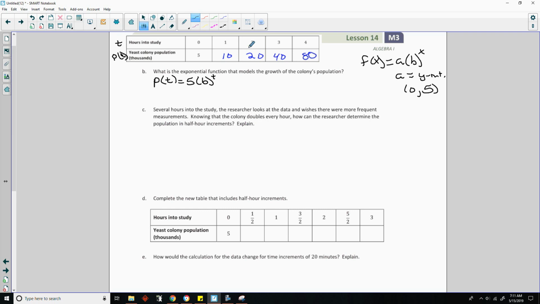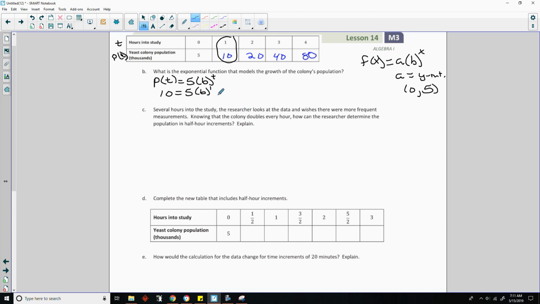Okay, so now I take any other value and substitute it in to find our b, because we have a P of t and we have a t. It doesn't matter which one we use, it should be true for all of these. So why not pick an easy one like 1 and 10? So P of t is 10 equals 5 times some base to the power of t, which is 1.